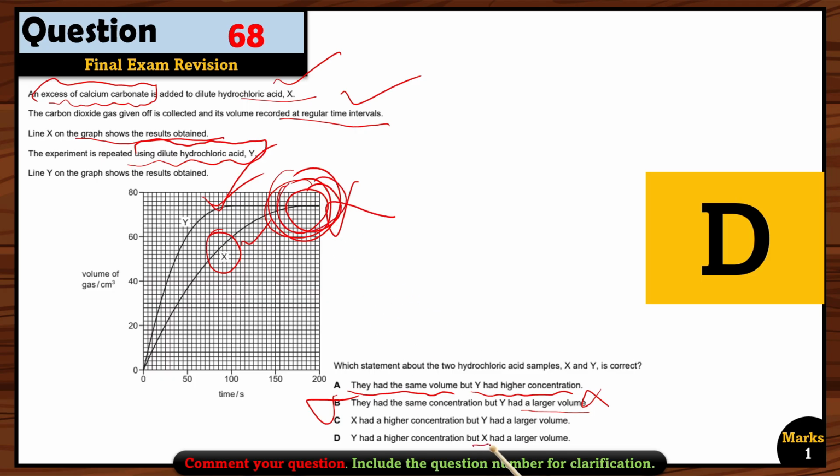So it means that X is compensating through its volume. It has a large volume, but Y has higher concentration. Higher concentration increases the rate of the reaction, but X has a higher volume and is more dilute. That's why the products are the same, but only the rate of reaction is lower. So option D is the only right option over here.